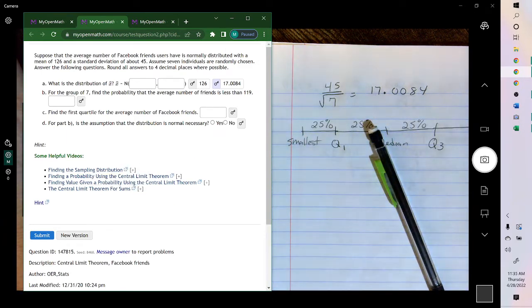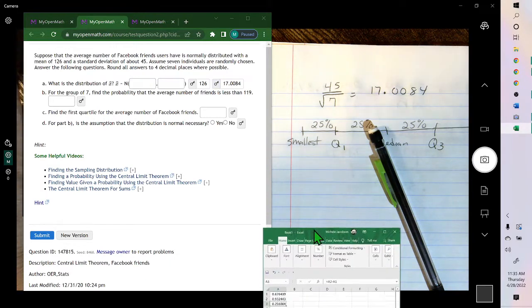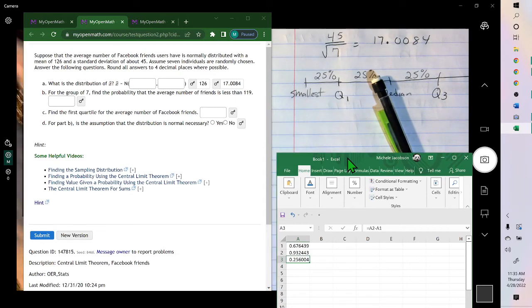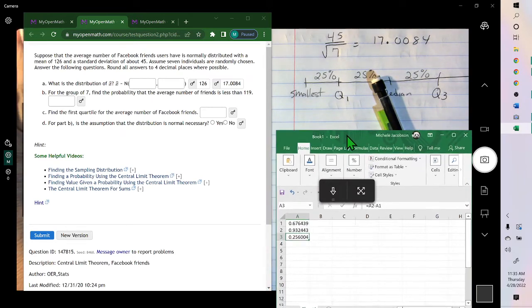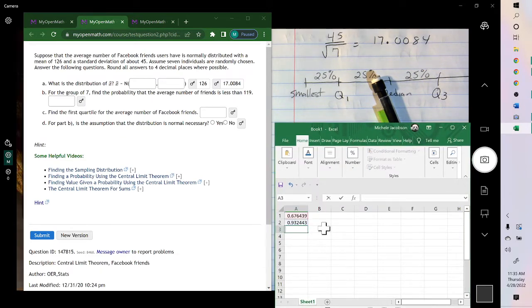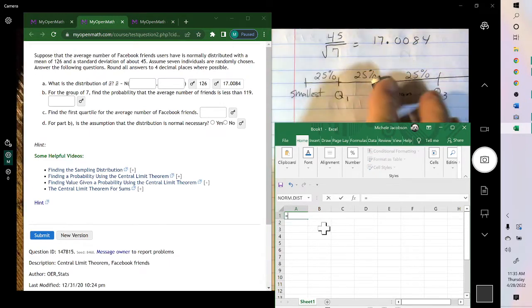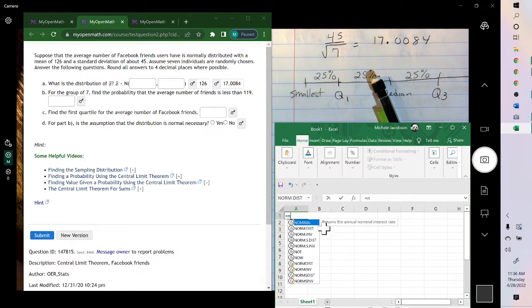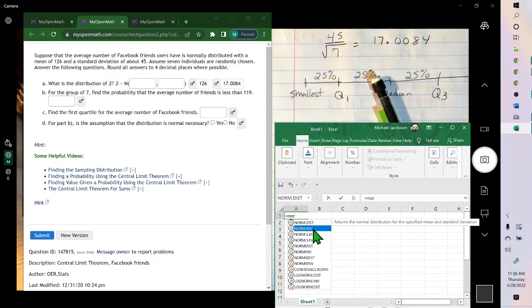If we're using Excel, let me delete what's there. We go inverse, and now we still have the percent. Since we're getting the number when you type in norm, we want the inverse. So you want the second one.